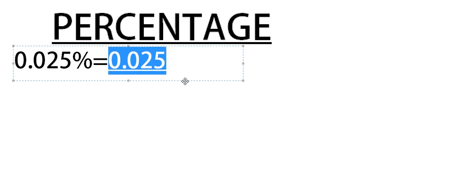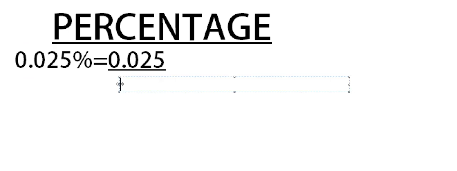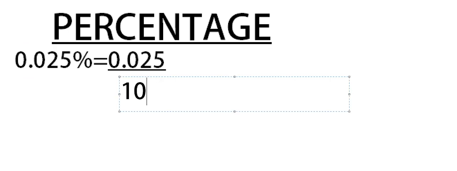So I will just write the number 0.025 as it is and divide the whole thing by 100 in order to remove the percentage sign. Okay. So after dividing it by 100, the percentage sign is removed.